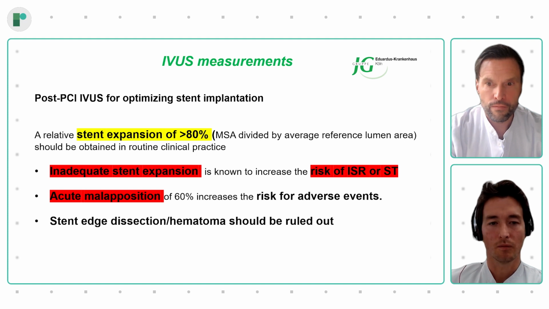Post PCI, what are we trying to achieve? What do we want to see after stent implantation? We want to achieve a stent expansion of at least 80%, so the MSA divided by the average reference lumen area, because we know that inadequate stent expansion predisposes to the development of in-stent restenosis or stent thrombosis, and acute malposition increases the risk for adverse events.